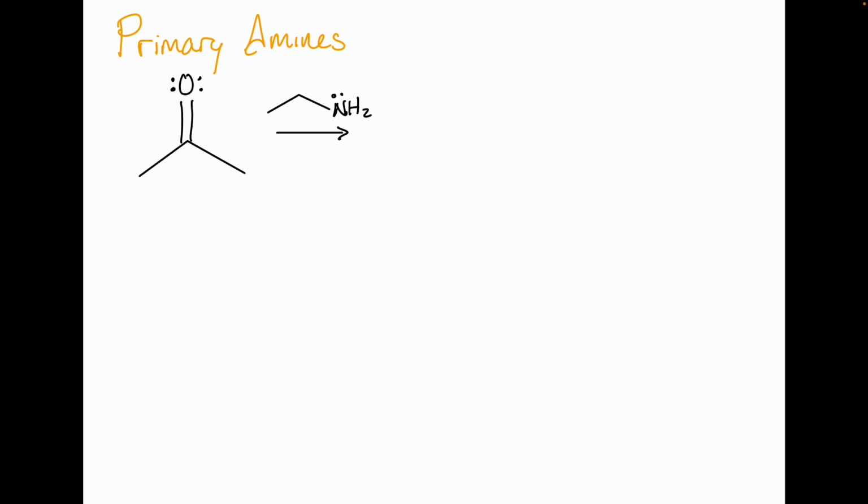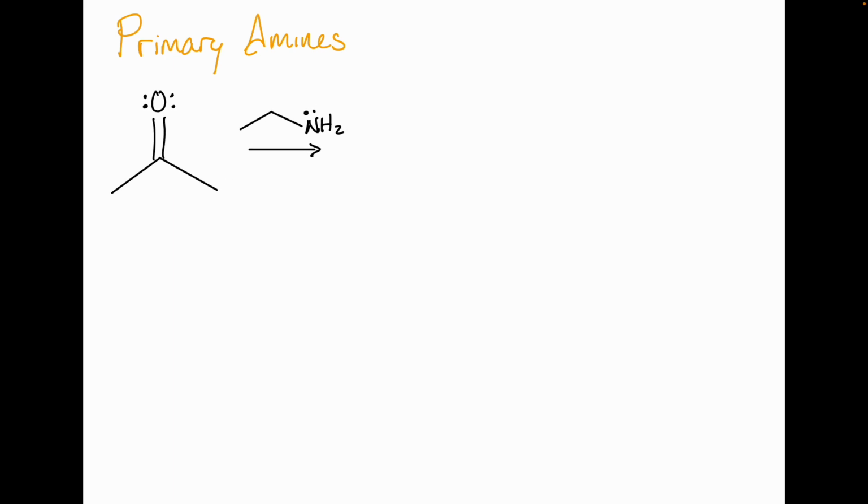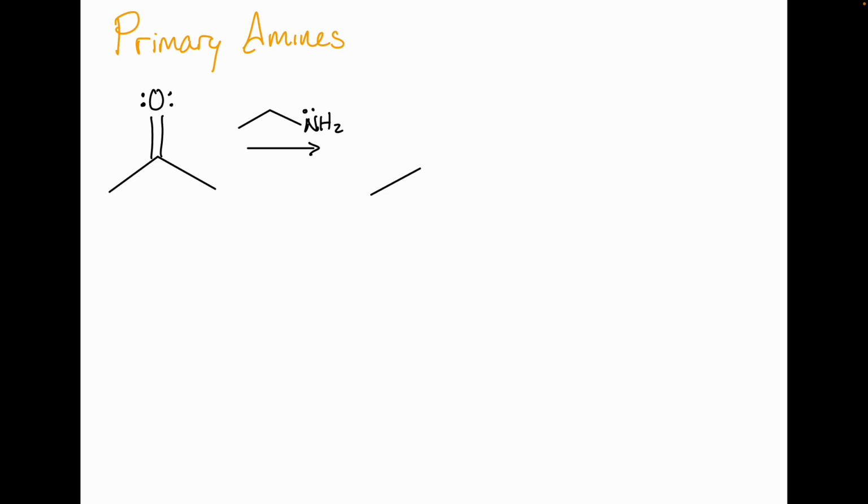All right, we'll take our simplest ketone again, could have any aldehyde or ketone. And now we're going to take that primary amine. What we would expect to happen is to form this compound here where the oxygen and the nitrogen are both attached to that same carbon.